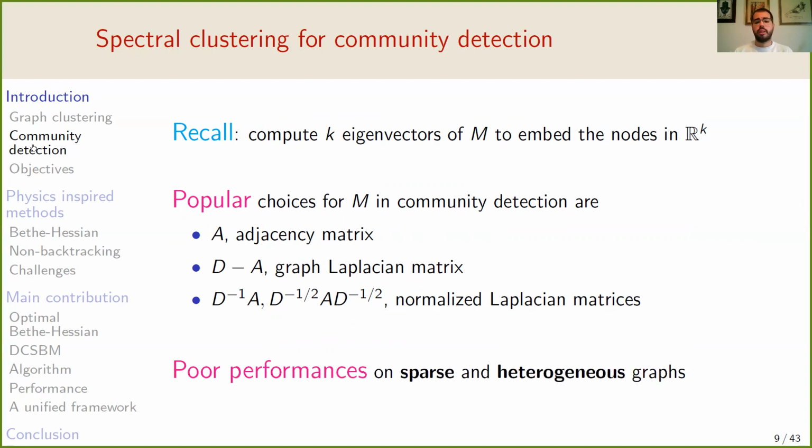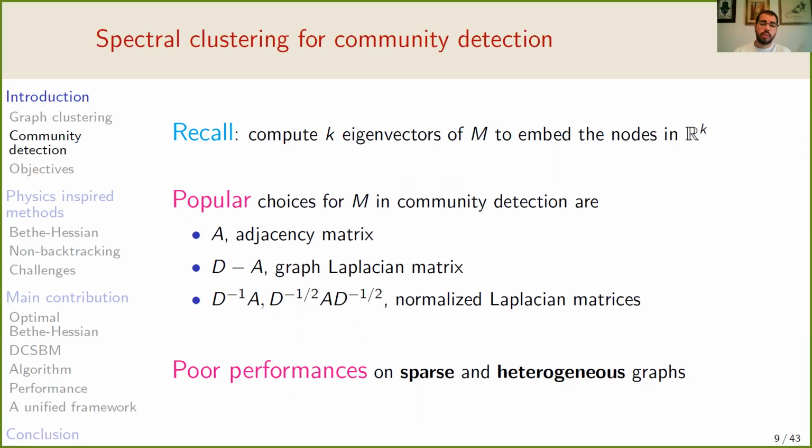However, they show poor performances on graphs that are sparse and heterogeneous. Sparsity means that the average number of connections each node has is very small compared to the size of the graph. This is typically observed in real-world graphs, as we will see in the following slides.